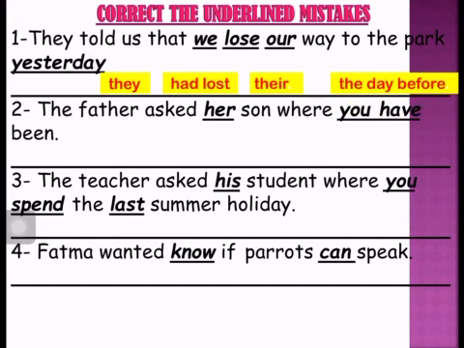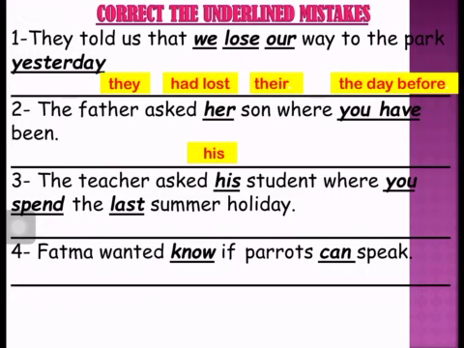Number 2, the father asked her son, where you have been? This is a question. So the father asked his son, where? We said that the order is question word, subject, and verb. So the order is correct, but the pronoun is not correct.